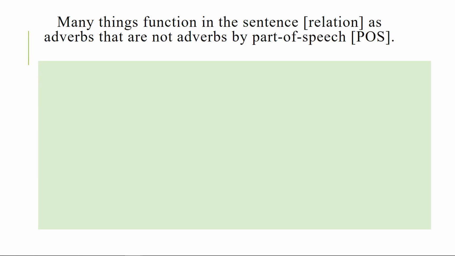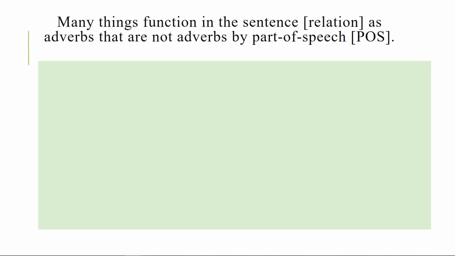Remember way back at the beginning when we were doing Grammar 101, I talked about how when you make dependency trees, there's a big difference between the part of speech and the relation. And adverb happens to be the only category that falls in both. That is to say, if the part of speech is noun, the relation is never noun. It's either subject or object or something like that.